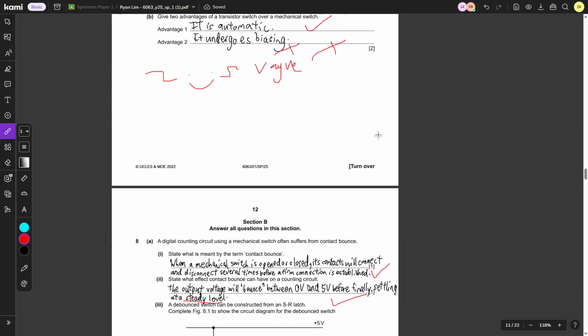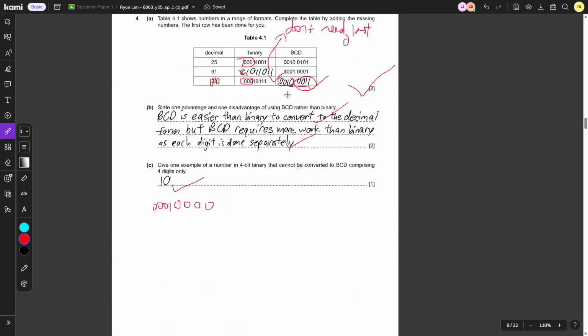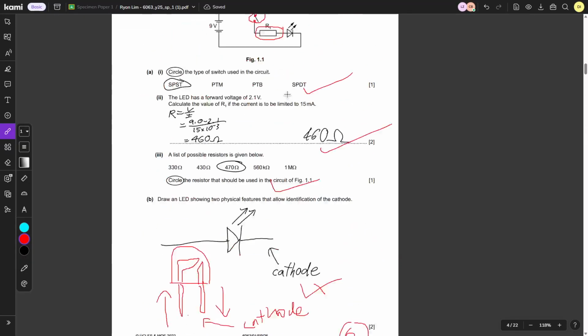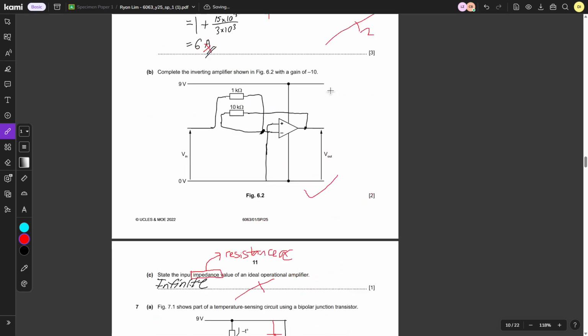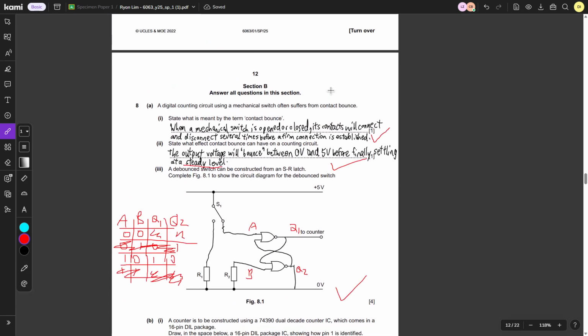Okay, so section A you get 35 out of 40, I think. So you get 35 out of something. I don't know how much it is out of, but that's pretty good. That's not that bad actually.